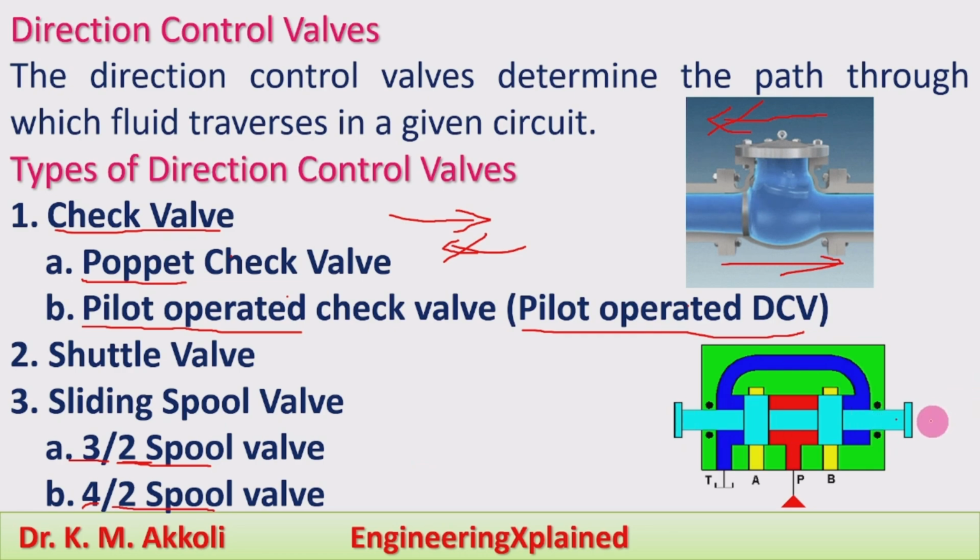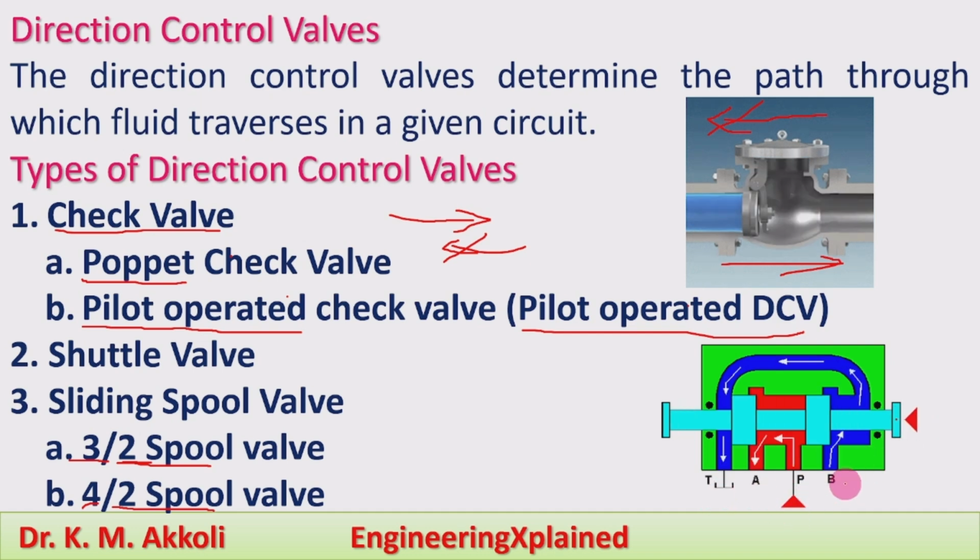This is the spool. The spool will be operating, and the actuation may be manual, hydraulic, pneumatic, electrical, or magnetic. These actuation methods are different, and I will discuss them later. Here we can see there are four lines.